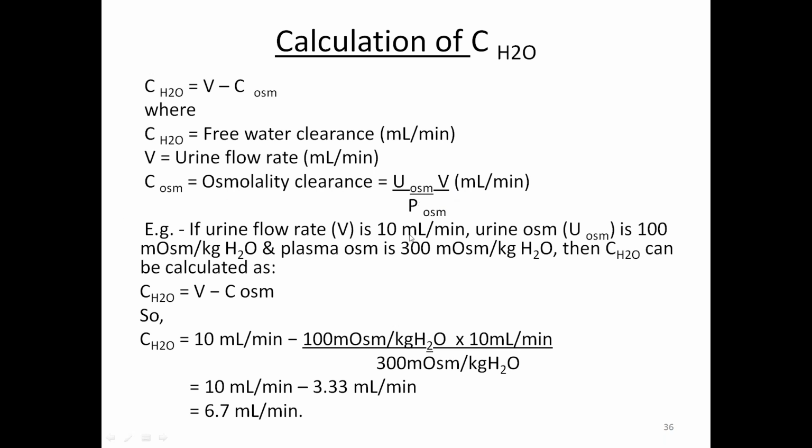If the urine flow rate is 10 milliliter per minute, urine osmolality is 100 milliosmoles per kg water, and plasma osmolality is 300 milliosmoles per kg water, how will you calculate free water clearance?